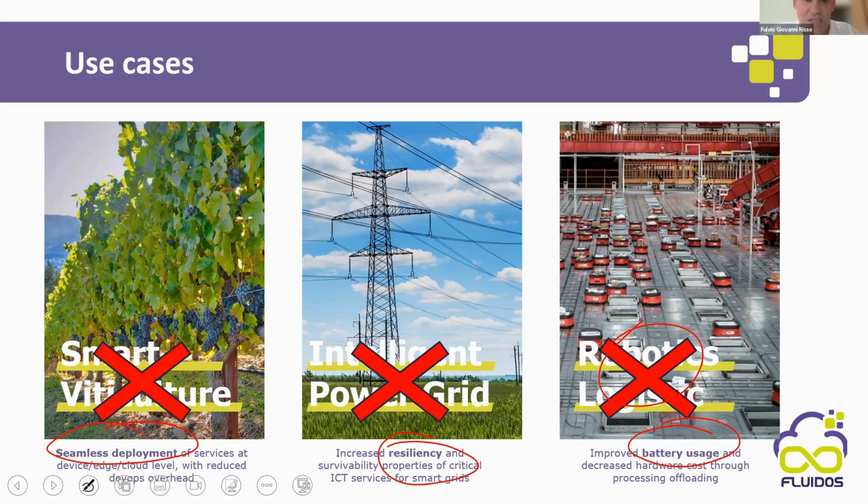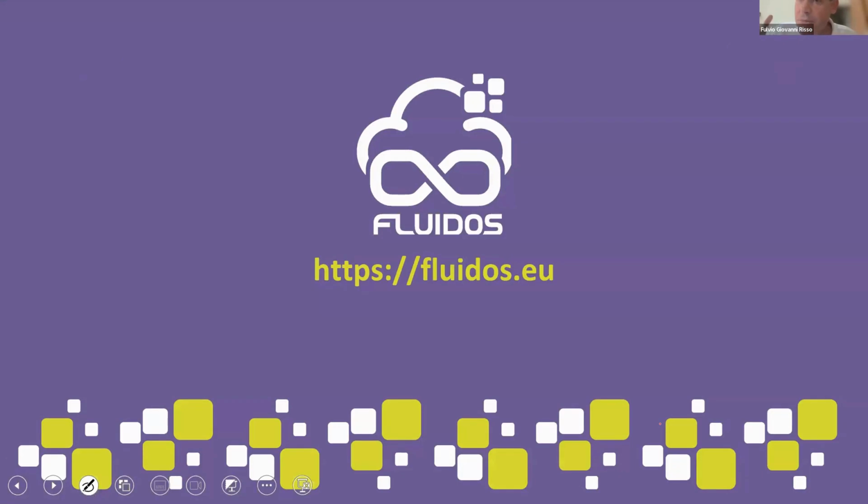Tell me something that is different from the technical objectives that we are already achieving with our existing use cases. And then you can have whatever smart viticulture use case. Okay, so what matters is not the fancy name, but the technology and how you use the technology to demonstrate what. And this is perhaps one of the important messages that I would like to convey here. And I'm done here.